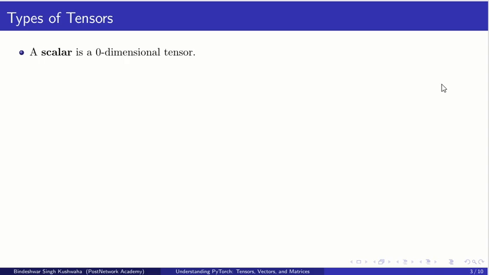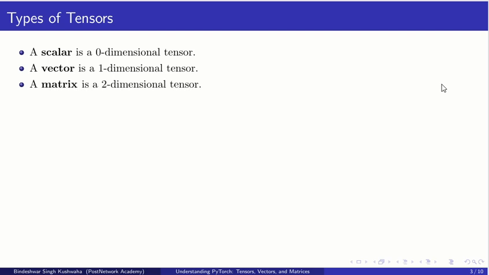Before understanding tensors, let us understand scalars, vectors, and matrices, the objects we already know. A scalar is a zero-dimensional tensor. A vector is a one-dimensional tensor, and a matrix is a two-dimensional tensor.